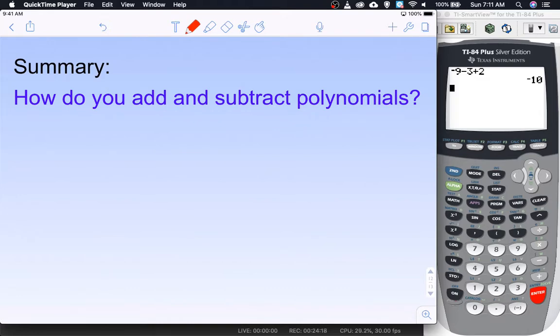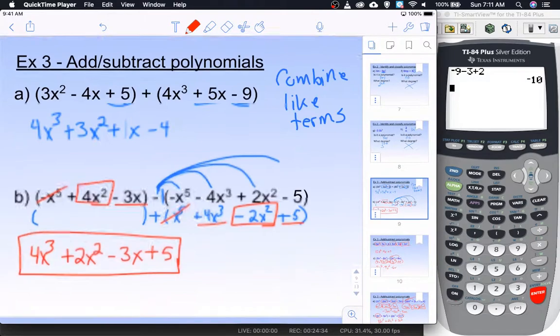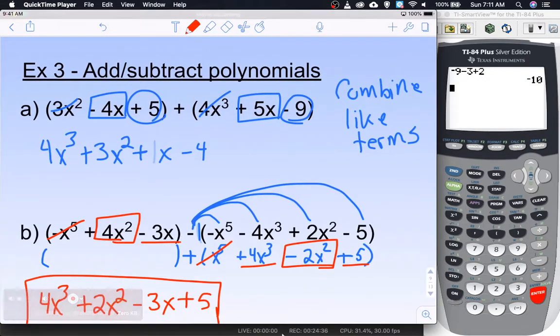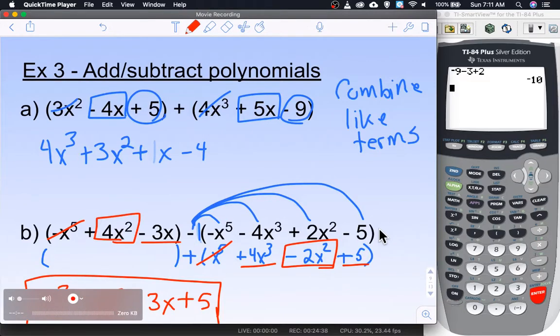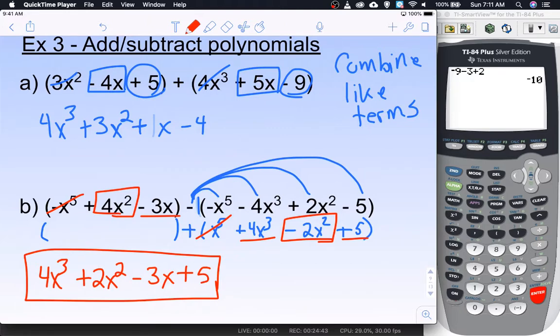Like terms have the exact same variables with the exact same exponents. And then you take those and you combine them together. I would recommend whenever you're dealing with a subtraction, like here, that you do distribute this -1 through, although it is not required. It's just recommended.